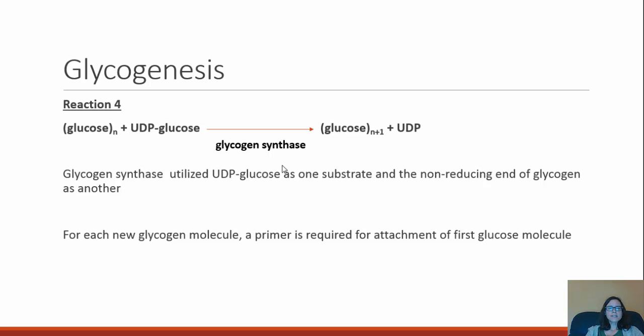So the glycogen synthase utilizes the UDP glucose as one substrate and the non-reducing end of the glycogen as the other substrate in order to add the glucose onto the glycogen polymer.